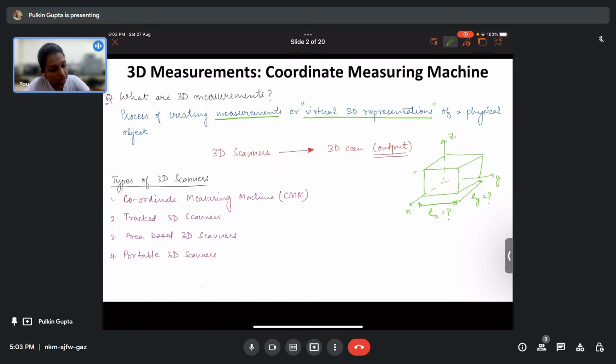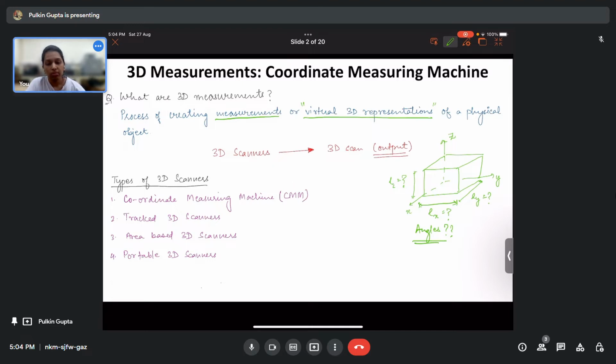And what is the length of this cube along Z? And what are the angles between its different faces? They all give us the information about its coordinates. So when we need to measure this, these are basically the 3D measurements, and after knowing this, we can have a virtual 3D representation of this particular physical object.